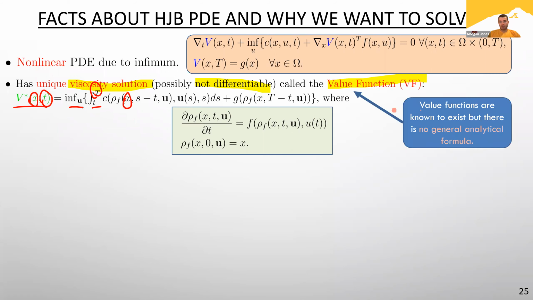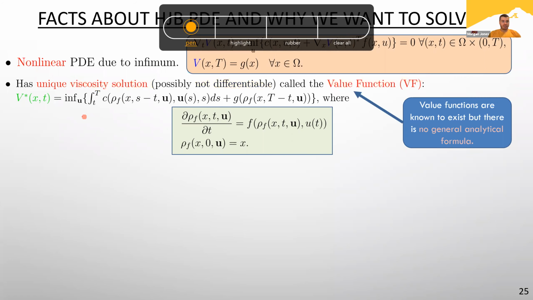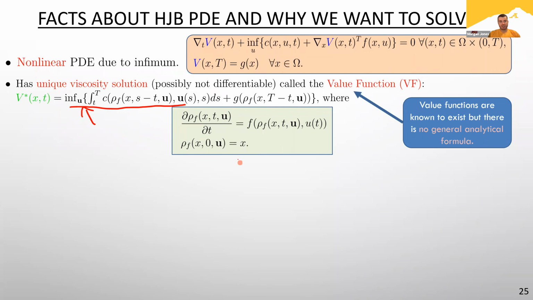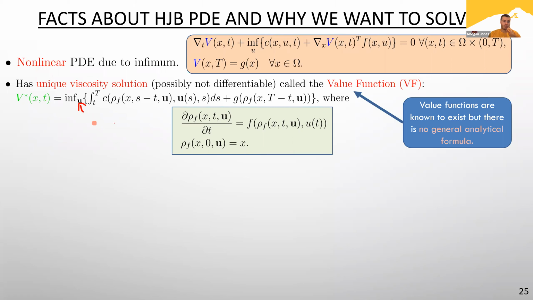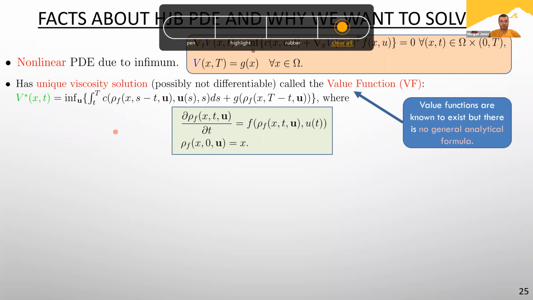So we know that value functions exist, but we don't have a general analytical formula for them. This is not an analytical formula because it has an infimum. It's actually an optimization problem, and it's optimizing over inputs, which are functions in time. So it's also an infinite dimensional optimization problem, and it's very hard to solve for.